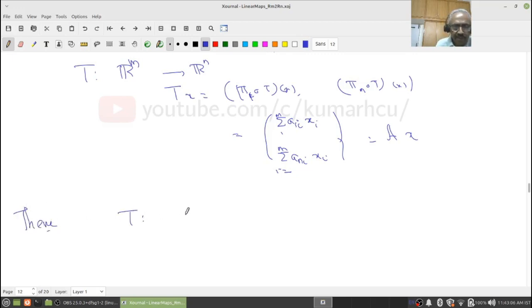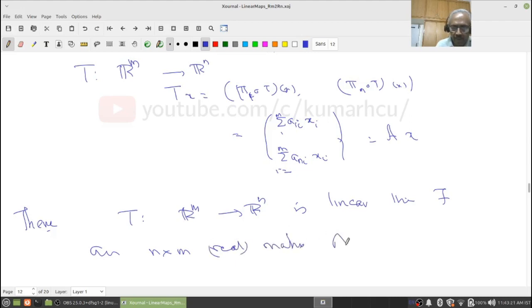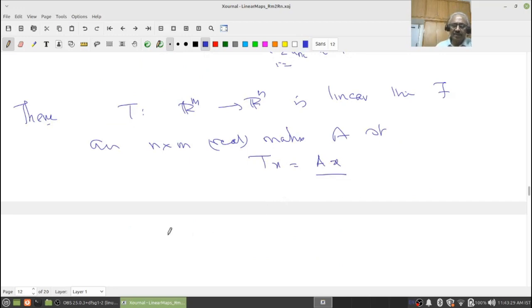If T from R^m to R^n is linear, then there exists an n cross m real matrix A such that T of x equals A x.